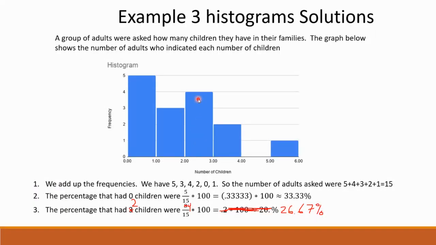These are all the people that said they had 2 kids. You include all the numbers bigger than or equal to 2, less than 3. And that's 4. So we have 4 out of 15 times 100. If you do that in your calculator, you end up getting about 26.67%. I fixed it now, so all right.